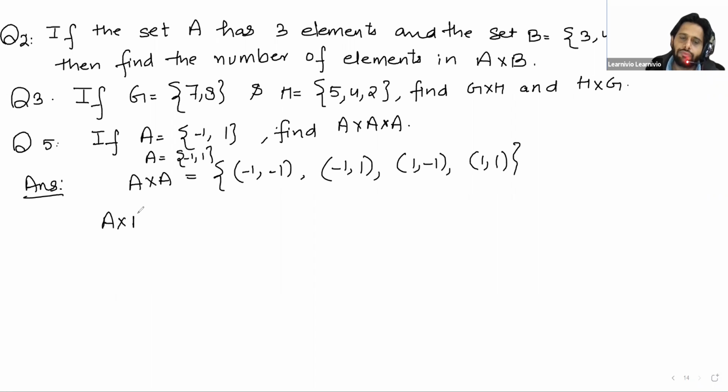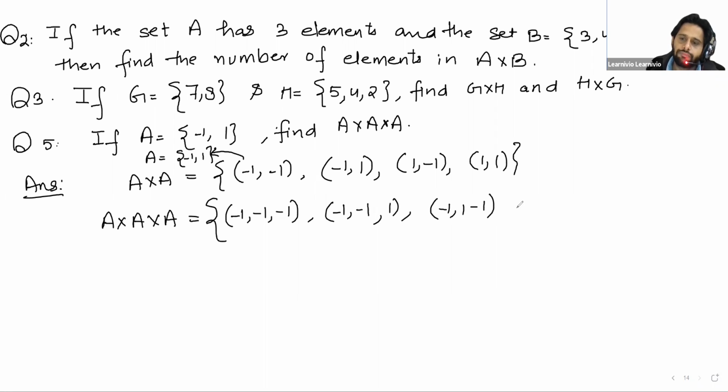Now what we will do with A cross A. First element with this and with this one. So (-1, -1), and then the third one, -1. Next is (-1, -1) with the next one, 1. Next, (-1, 1) with -1.